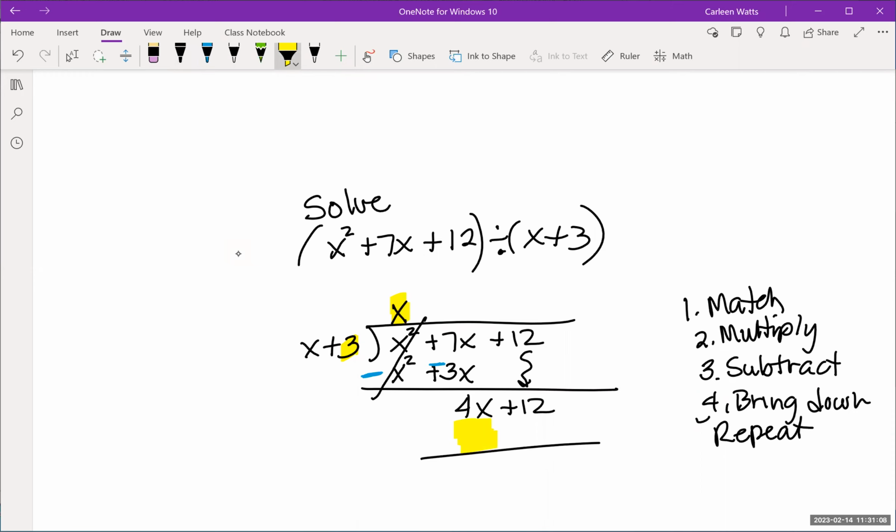Make it match. What needs to go there? For x, in order to get a 4x, what needs to go there?